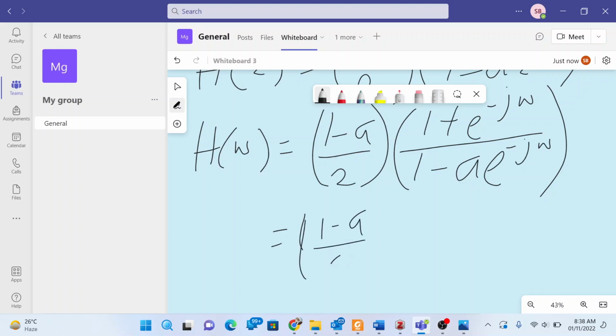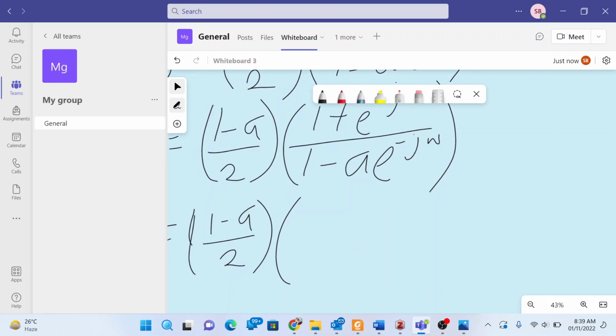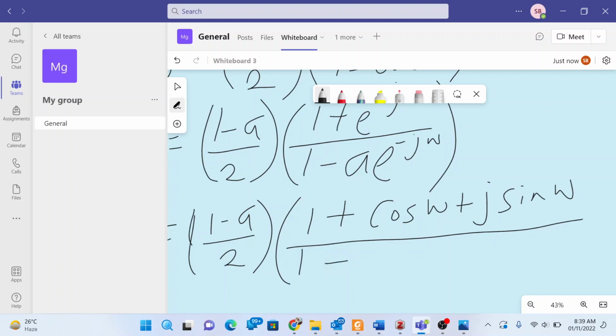So this is going to be 1 minus a all over 2, times 1 plus cos omega plus j sine omega, all over 1 minus a cos omega, and then plus j a sine omega. The plus sign comes from the minus in the bracket expansion combined with the minus in the power.